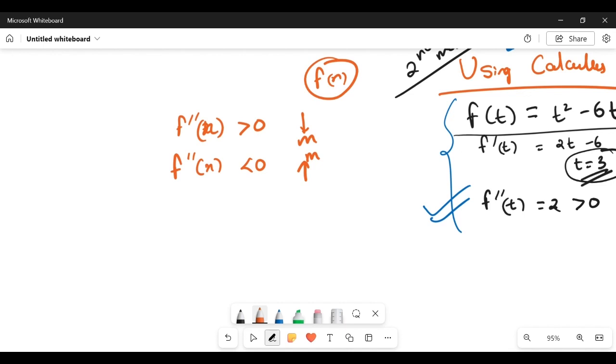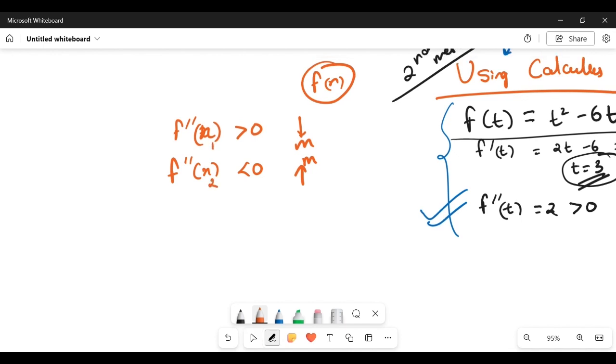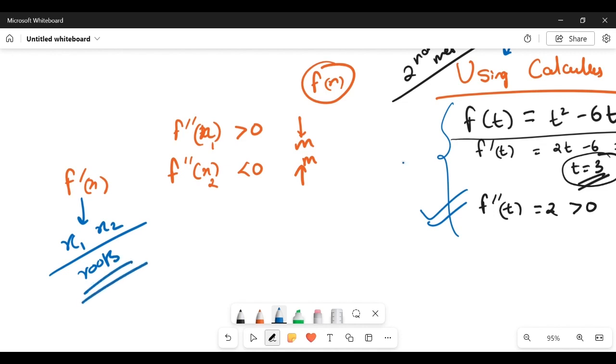But at what x? Let's call them x1 and x2. These x1 and x2 have to be the roots of f dash x.